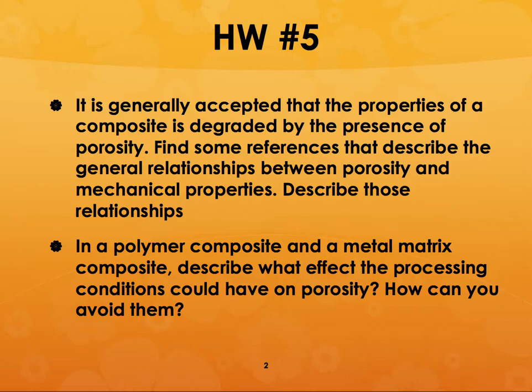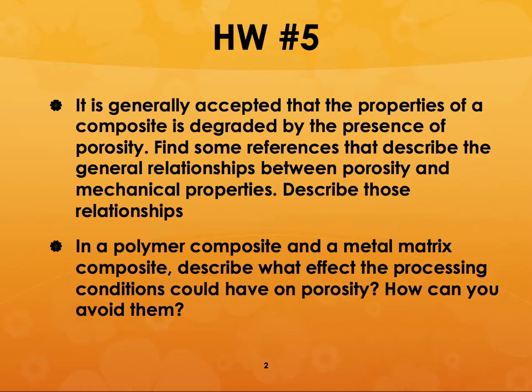But in some cases, it may actually be desirable to have some kind of porosity in order to have toughness introduced into the composite material. And I would also like you to look up what effect the processing conditions could have on porosity.